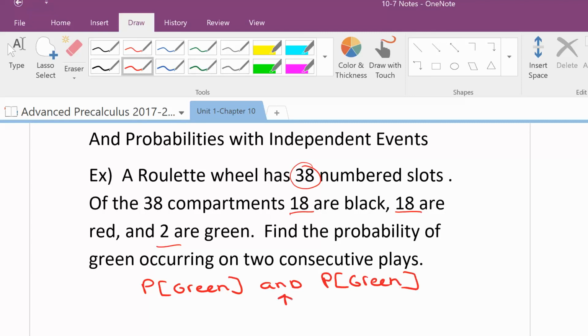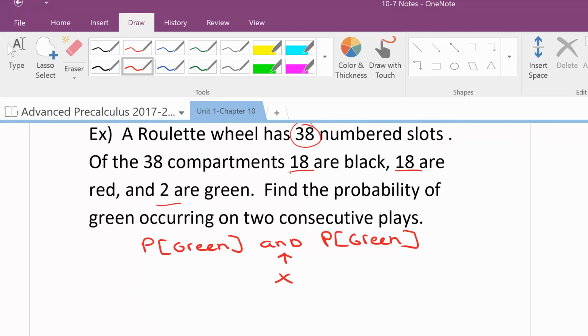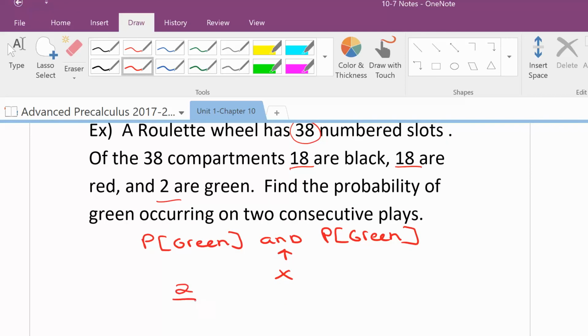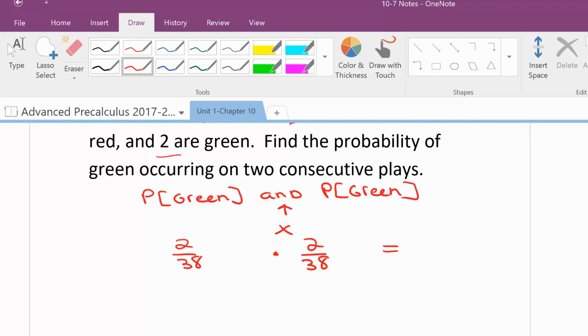So and means to multiply. So the probability of getting green the first time is 2 out of 38. The second time is also 2 out of 38. 2 out of 38 is 1/19th times 1/19th, which is going to be 1 out of 361.